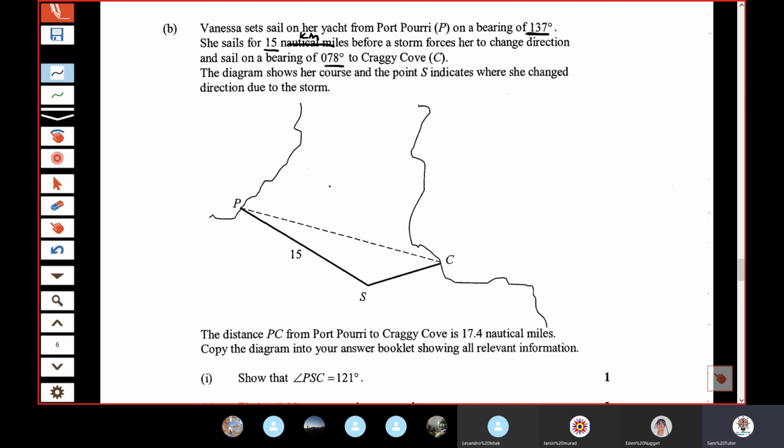So let me read that again. Vanessa set sail from P on a bearing of 137. Okay, what do we always do when we're doing these bearing questions? We draw that. Not just north, all the way. Then we know that 137 degrees.